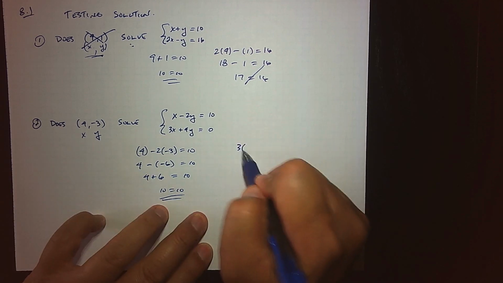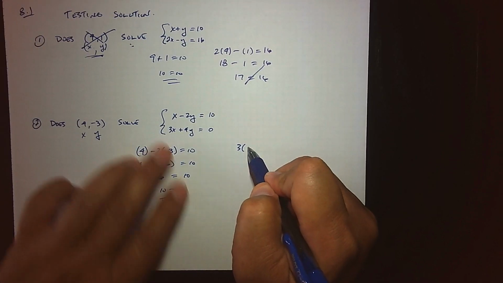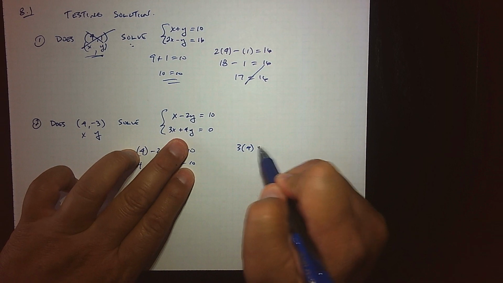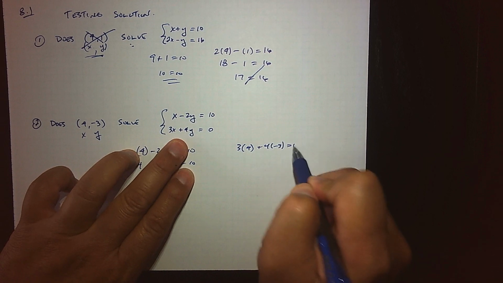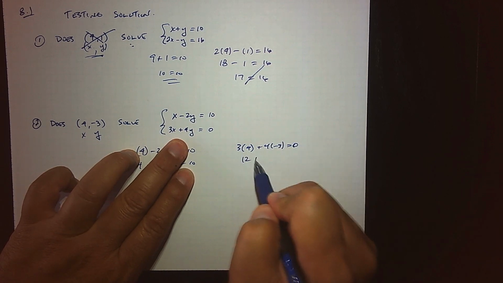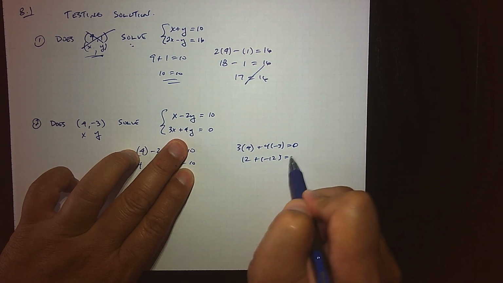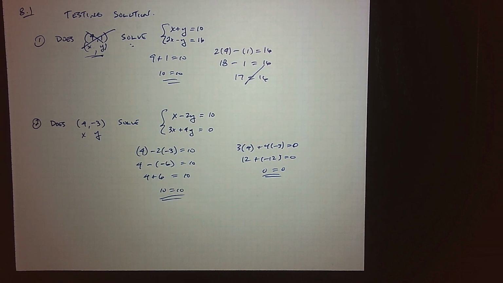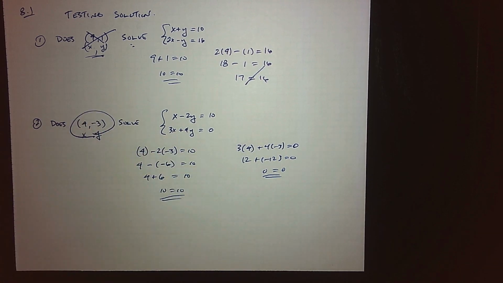To be a solution, it better solve the next one. So when I plug things in, x is 4 and y is -3, and we get 12 plus -12, 0 equals 0. So that also solves the system. So we basically have a solution to that system.